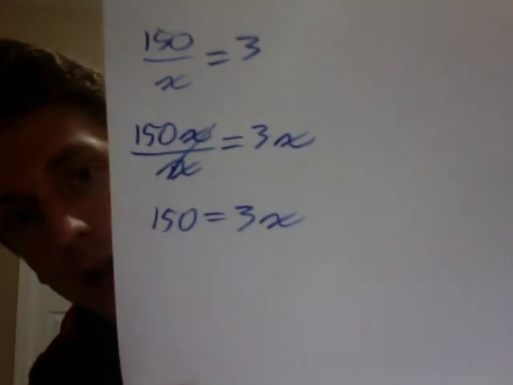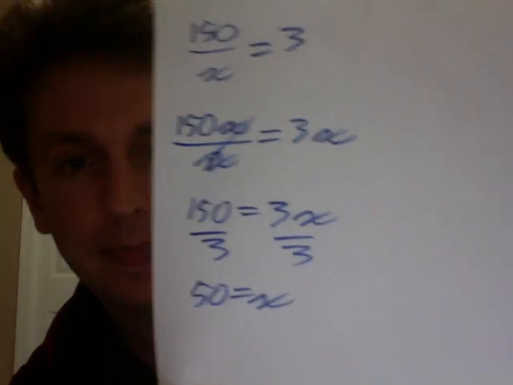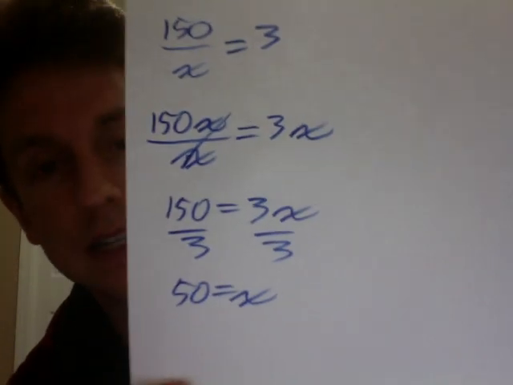So that cancels out on this side. So 150 equals 3x. Now to get x by itself, we're going to divide each side by 3. Therefore, 50 equals x. So yeah, you might see x on the bottom, and that's no problem. You just need to get it to the other side of the equal sign.